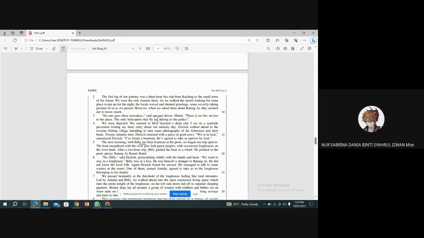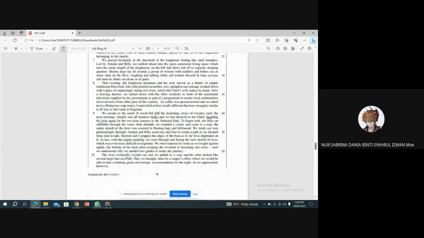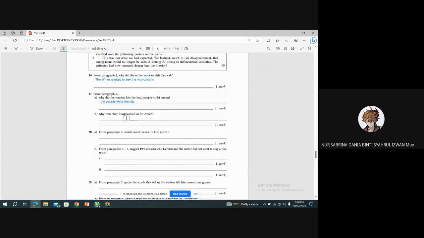The tourists learned that there was no public transport to Batang Ai.